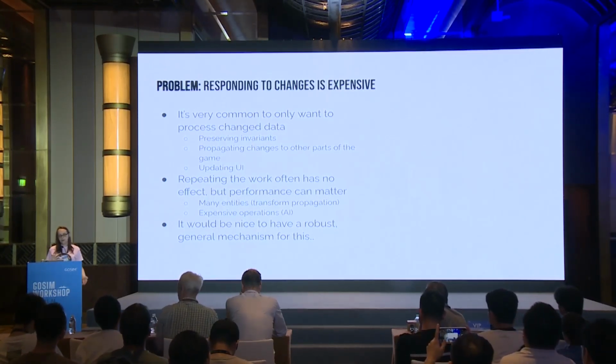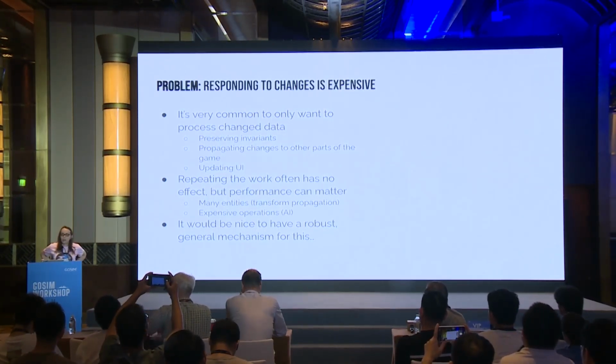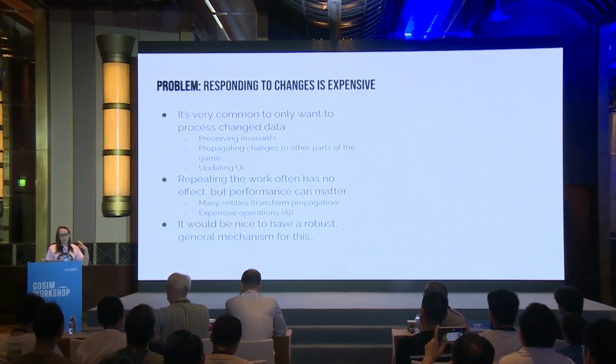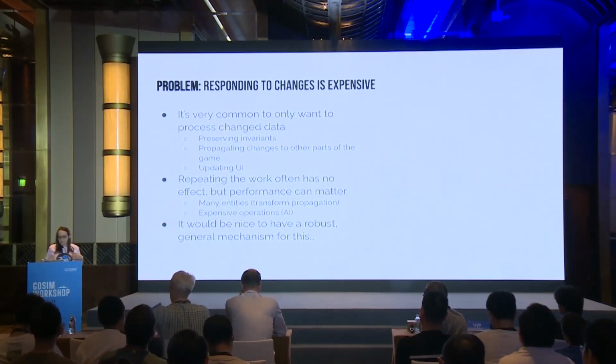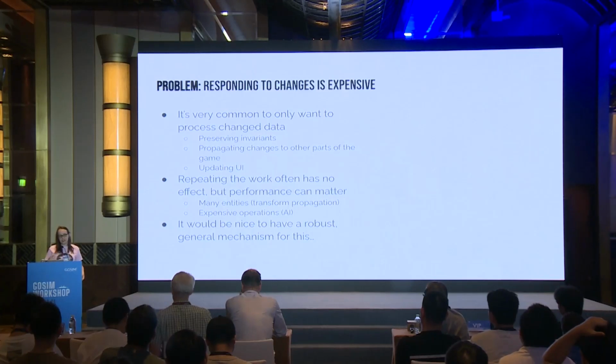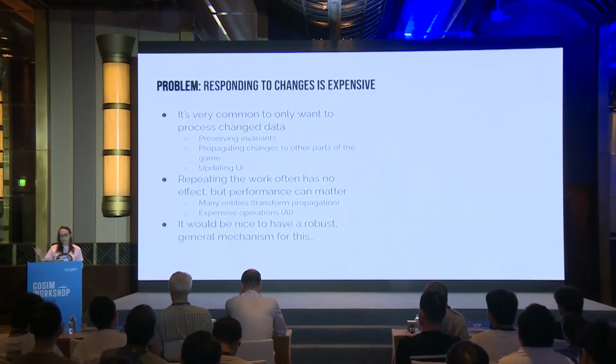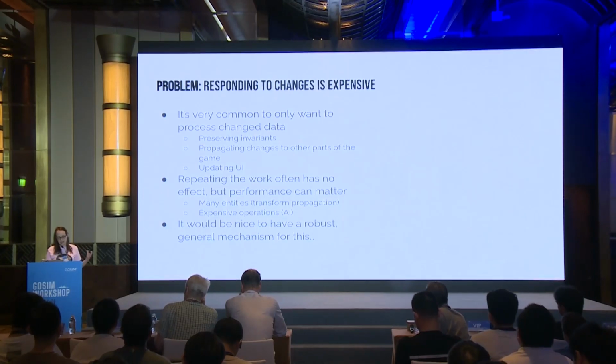Something that comes up is you say, okay, I only care about processing this data when it's changed. So we have some system that will update and run and preserve some invariant, or maybe it will cache something, or check for these changes and then propagate them somewhere else in the game.